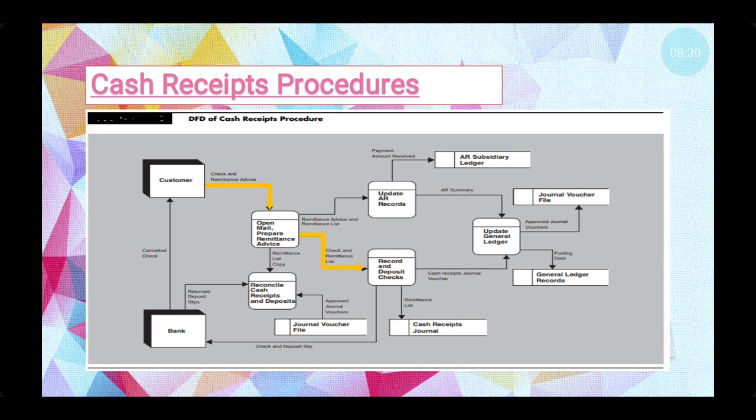Next is record and deposit checks. Yung cash receipt employee i-verify yung accuracy and completeness nung check, then record sa cash receipt journal, then si clerk magpe-prepare ng deposit slip containing all receipts, then forwarded to the bank.